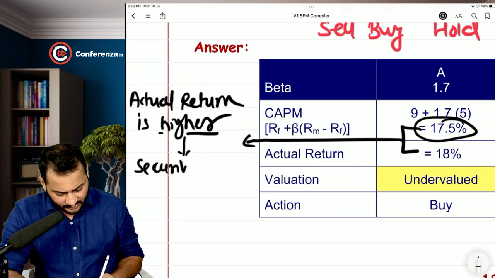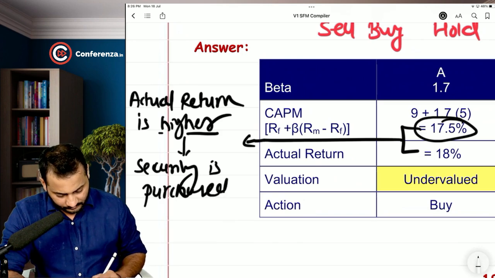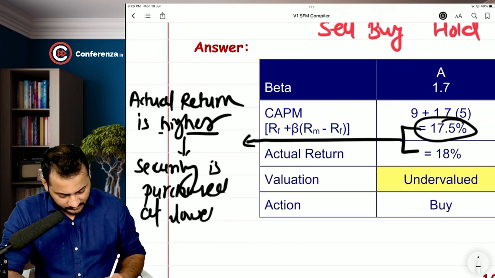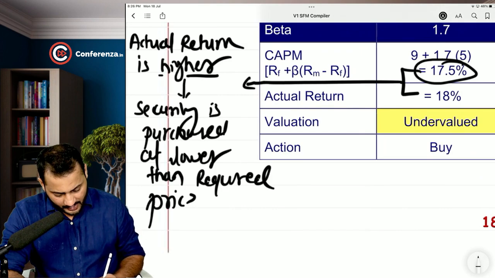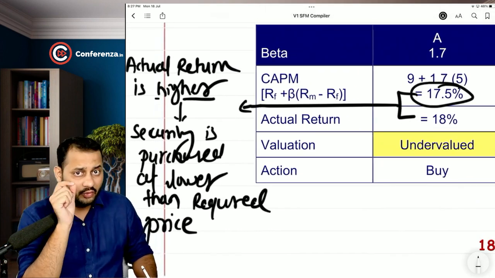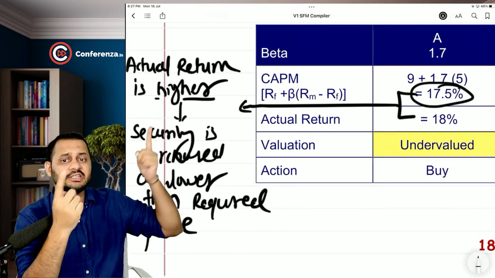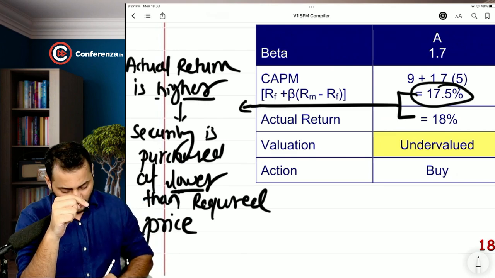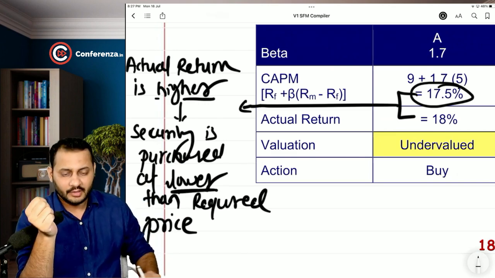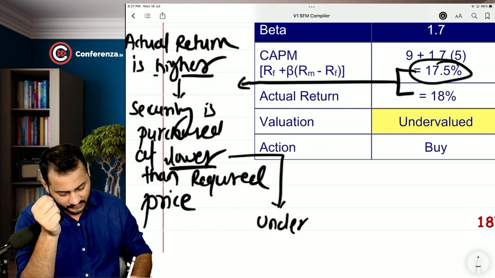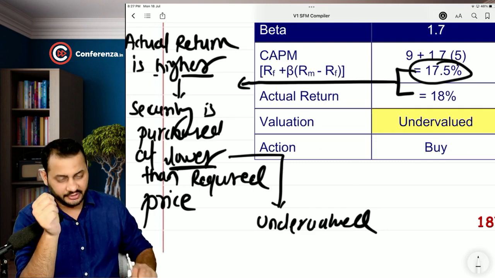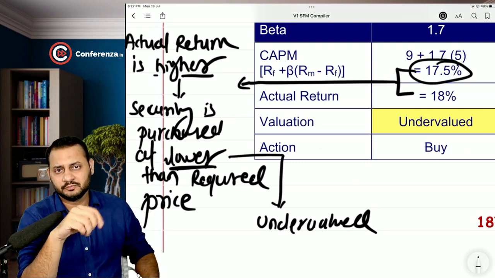Higher return means the security is purchased at a lower than required price. Am I right? The return will only be higher if you purchase the security at a lower price. And this lower price itself means undervalued. Shares are undervalued. It's very simple.